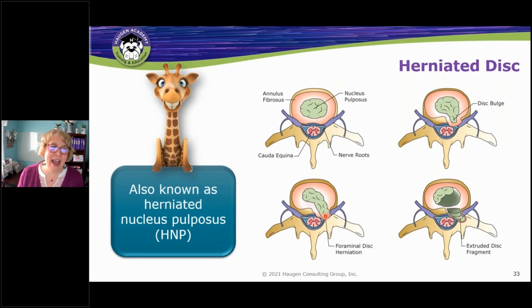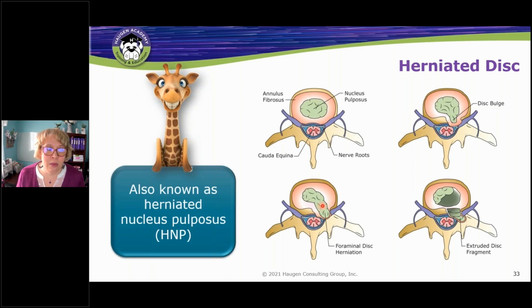Now, as that happens, if you look in the lower picture here, this is the spinal cord, and then we have the nerve roots coming off of that. Depending on where this herniated disc is located, it can either press on a nerve root, the spinal nerve, or on the spinal cord itself, or both.